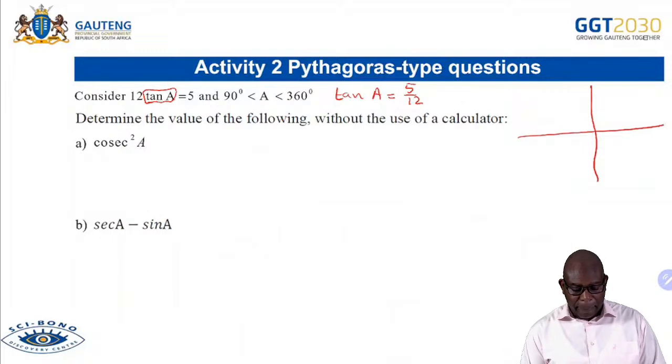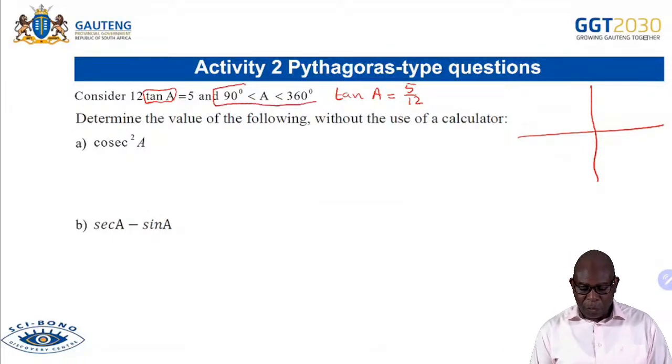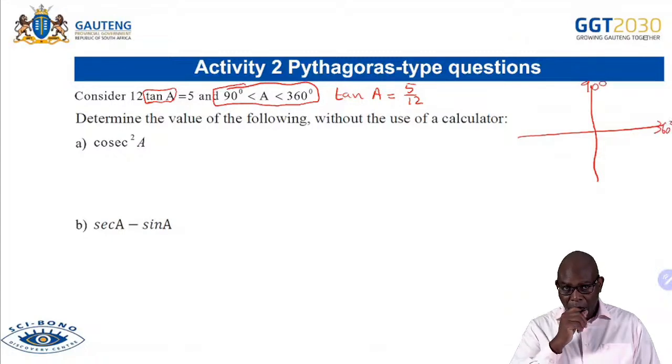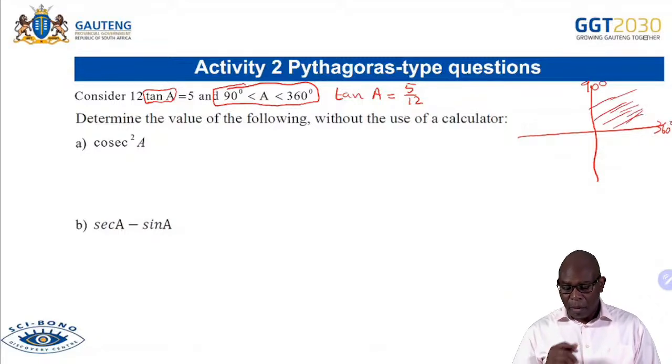See? Once I've done that, now I can draw my sketch and say, where is the tan positive between 90 and 360? That's a tricky one. Check this. It is between 90 and 360. In this quadrant, we're not going to work.